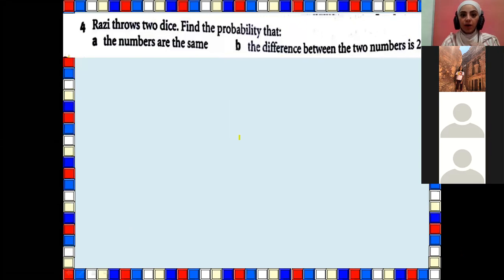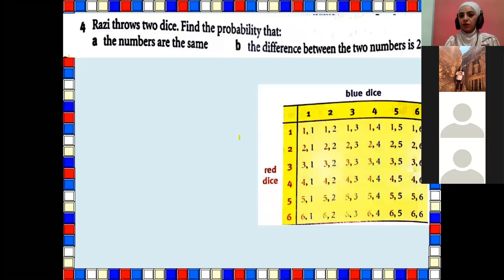Here we're talking about finding the probability that the numbers are the same. We're not given the total or the sum, only the outcomes of throwing. They are 6 out of 36. Excellent.